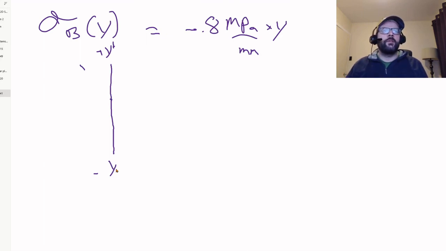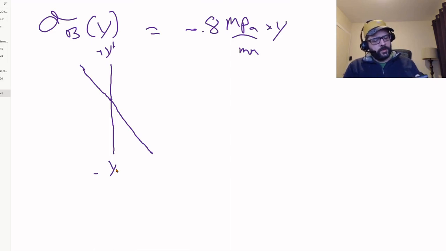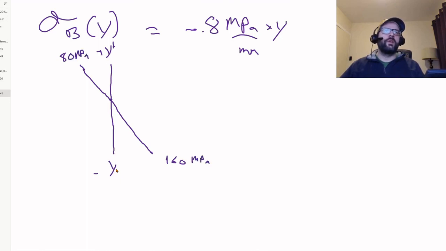And then obviously that drops down until it hits the neutral axis and continues going straight. And then down here it should be, again, negative 0.8 times negative 200 millimeters. That gives us 160. So here's the axis: in green we've got our axis for the y position, and in red we have the axis for our stress.